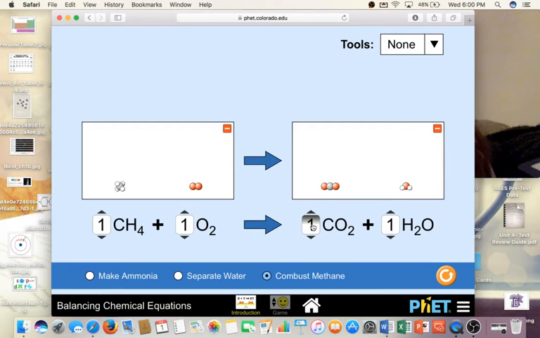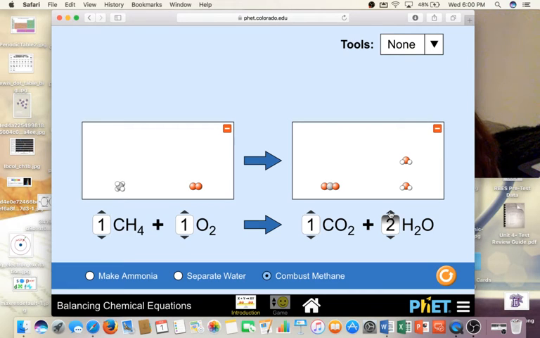So this can be a little tricky when you're going back and forth because you have to take the whole side into consideration for how many oxygens you have. Because I have 3 and 2, they're unbalanced. They're uneven. So let's go ahead and increase my water.